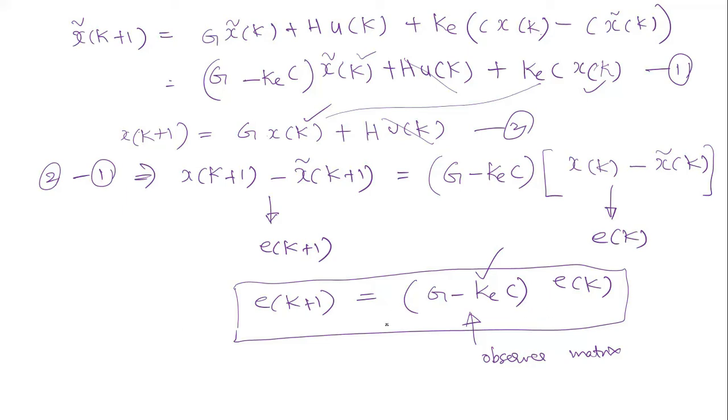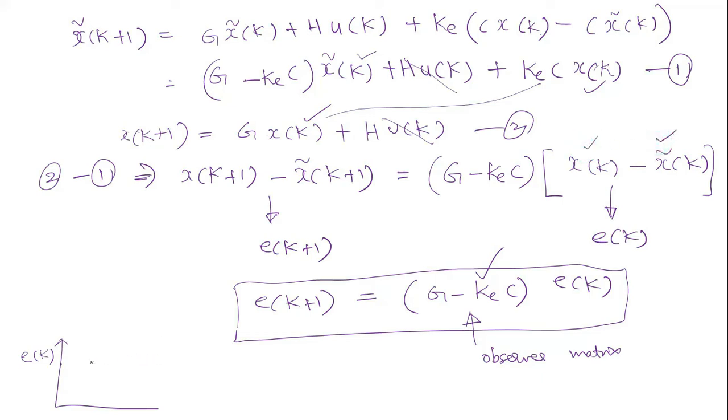So we have our error e of k. What is error? It is the difference between the actual state and the observed state. What we want is for this error to be 0 for perfect observation, right? If we have error 0, it means that x of k is equal to x tilde of k.